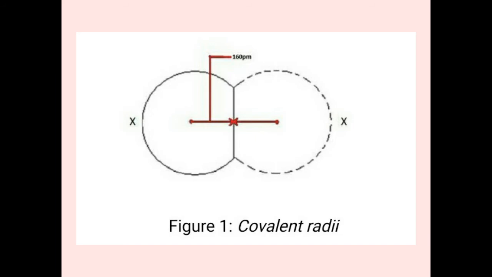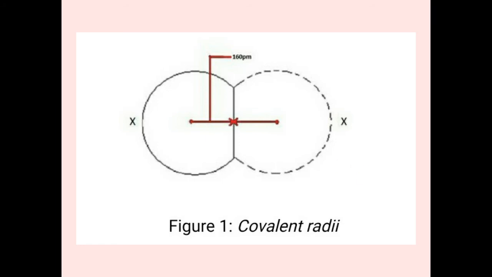So we will measure the distance from the center of one atom to the center of the other atom, or basically you can say we will take the internuclear distance between the two atoms and divide that by 2. The result we get is the covalent radius of one atom. In a further video you will see that this distance is also called bond length.